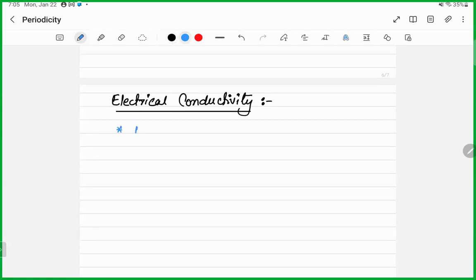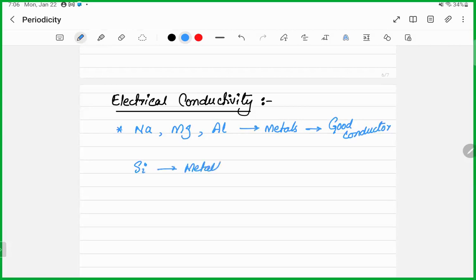ठीक है. तो sodium, magnesium and aluminum are metals and they are good conductors. Silicon, metalloid, and it is a semiconductor.